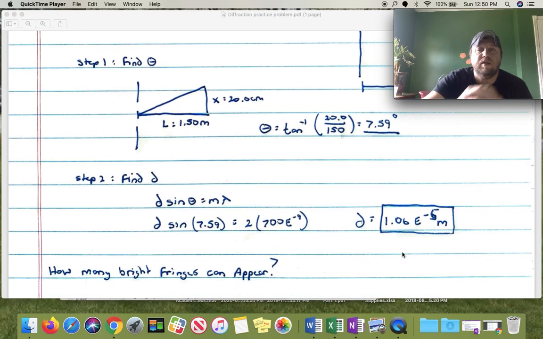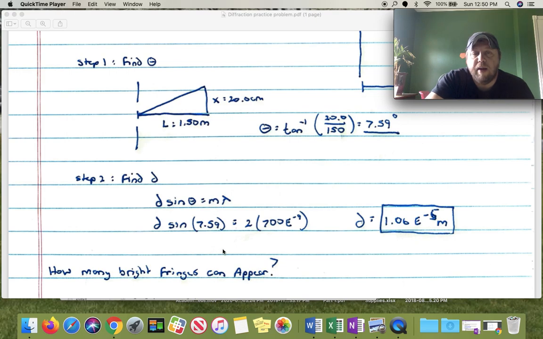The next question you might be asked at some point is how many bright fringes can possibly appear? This is actually really easy. If we imagine a screen of near infinite length on the opposite side of the double slit, what we're solving for in a question like this is the m value.